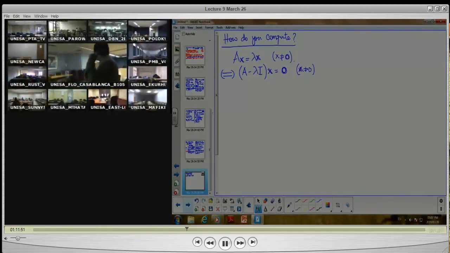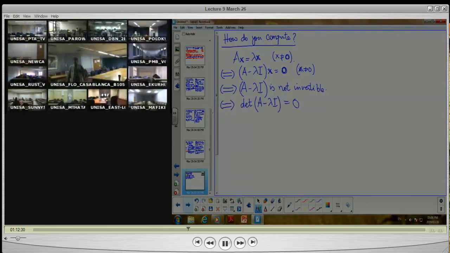This can only be true if and only if this matrix is singular. And this is true, we know, if the determinant is zero. So that last line gives you the clue how to compute this.